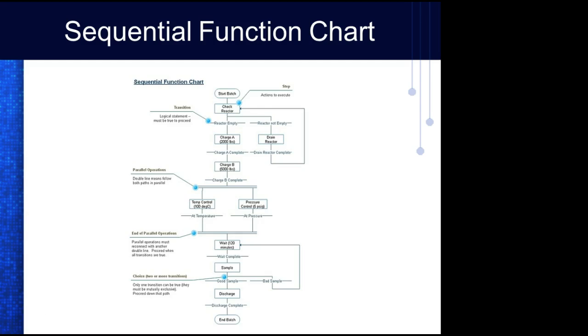So one of the first things that we developed was flow charts, which had different symbols that we used. And if it didn't flow in that flow chart, it means what? It wouldn't work in the program, right? So sequential function charts are available for people that understand flow charting. Siemens really pushes this, by the way.